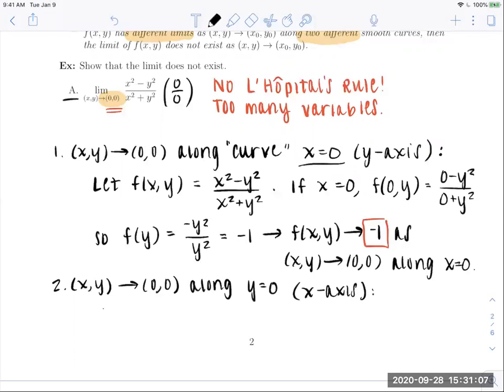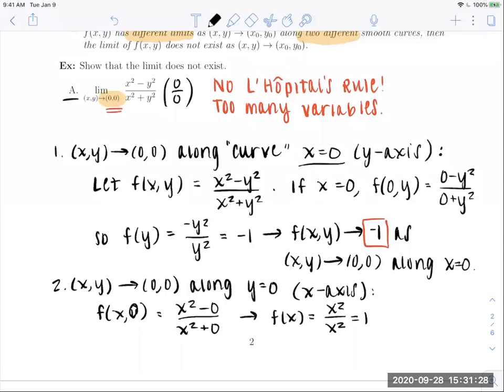So now I want to take my function and see what happens when y equals 0. This gives me x squared minus 0 over x squared plus 0. In other words, this is f of x equals x squared over x squared, which is 1.